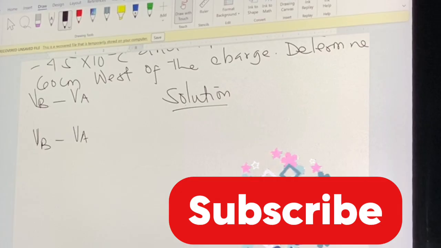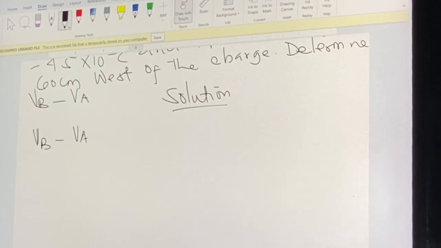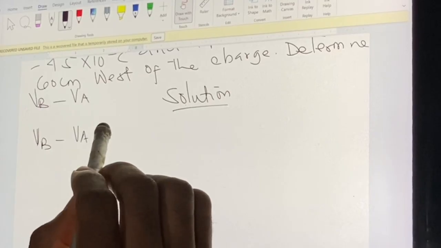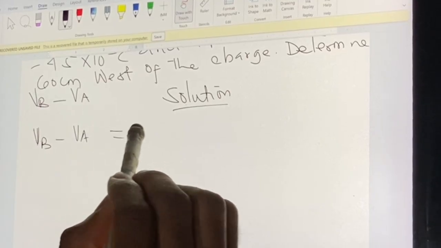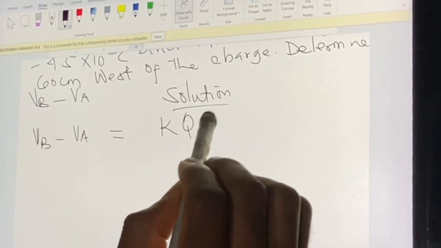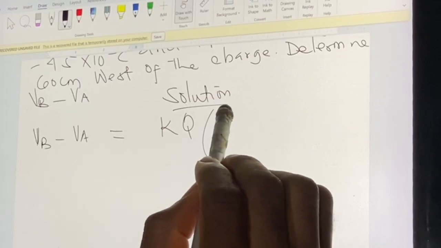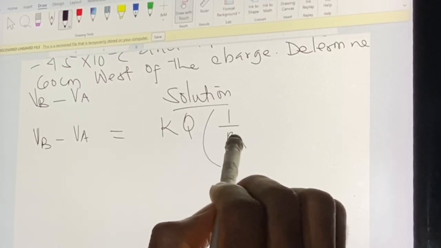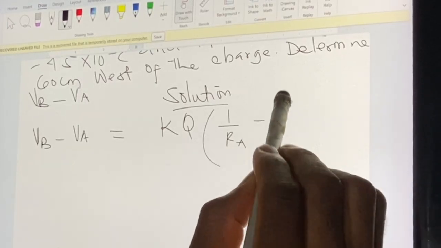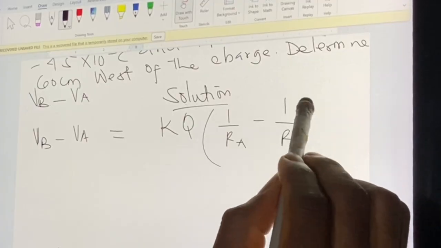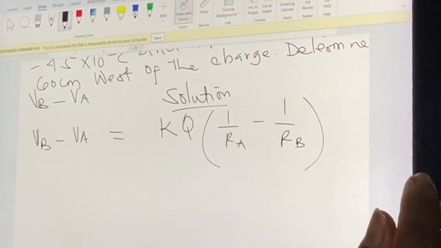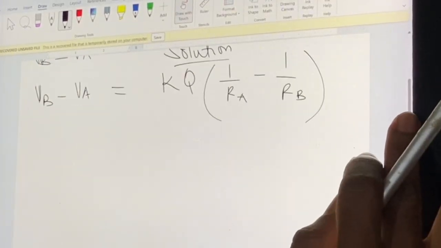To calculate electric potential difference when distance is given, we use the formula VB minus VA equal to KQ into 1 over RA minus 1 over RB. Please take note. So let's understand this question clearly.